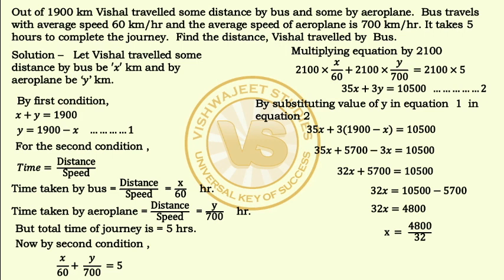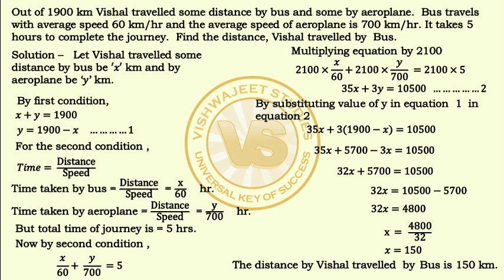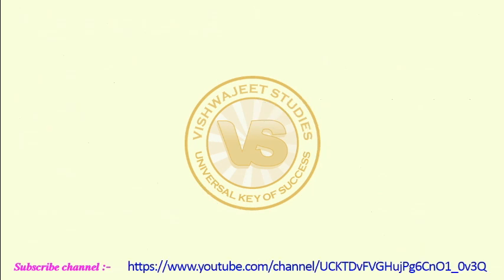We get the value of x after dividing 4,800 by 32. X is equal to 150. The value of x is nothing but the distance which Vishal travelled by bus. So the distance travelled by bus by Vishal is 150 kilometers.